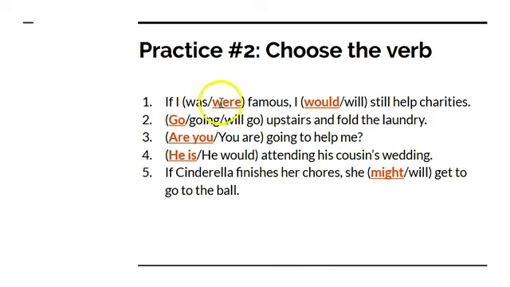If I were famous, I would still help charities. Go upstairs, command, and fold the laundry. Are you, question, going to help me? He is attending his cousin's wedding. Fact. If Cinderella finishes her chores, condition, she might get to go to the ball.